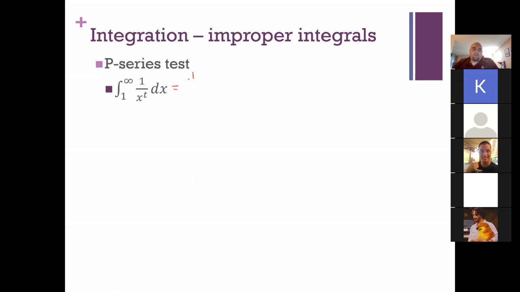I need to put my limit operator in there if I'm going to talk about it as a limit: the limit as b approaches infinity of the integral from 1 to b of x to the negative t, dx.